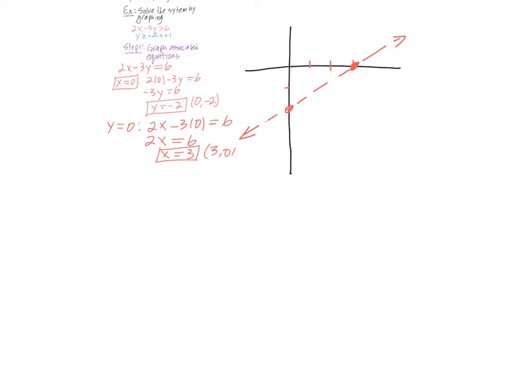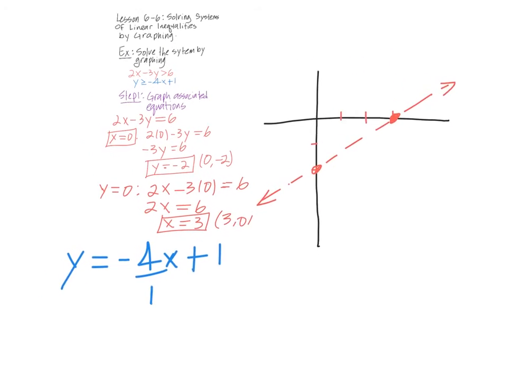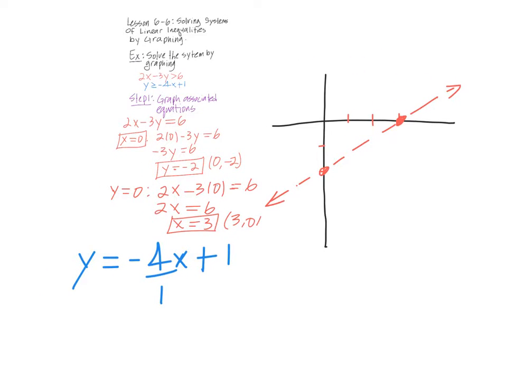For the other inequality, we now have the associated equation y equals negative 4x plus 1. But it's best to write that slope as negative 4 over 1. So on the y-axis, I know my y-intercept is at 1.